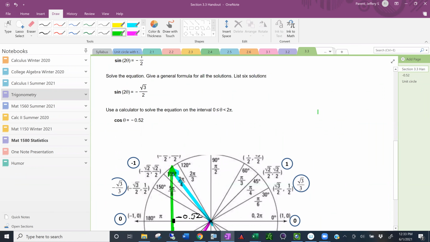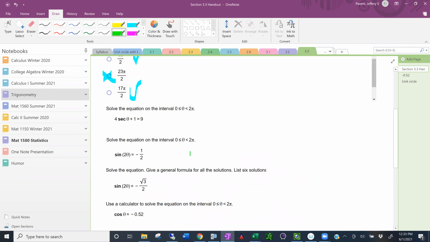Let's look at sine of 2 theta equals negative 1/2. Now, again, fortunately, we're just asked for the solutions in the interval 0 to 2 pi.